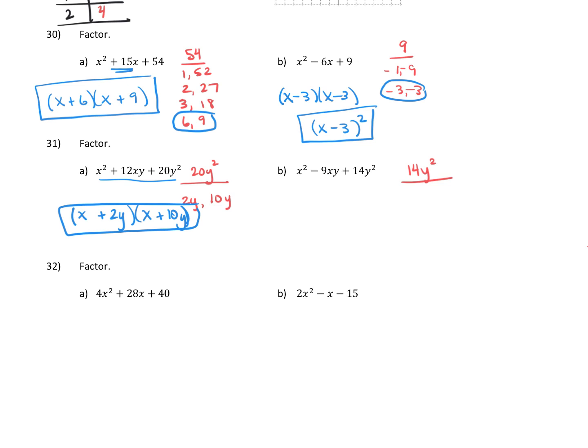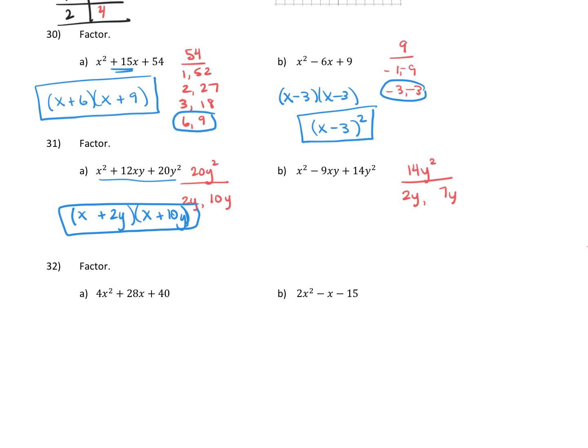So factors of 14, 1 and 14, 2 and 7. The 2 and 7 is where we're going to head with this, but we're going to say 2y and 7y, and then let's just take a look at our signs. Our two factors have to multiply to a positive 14y squared, so our factor pairs can be positive, but a positive 2 and 7 do not add up to a negative 9.